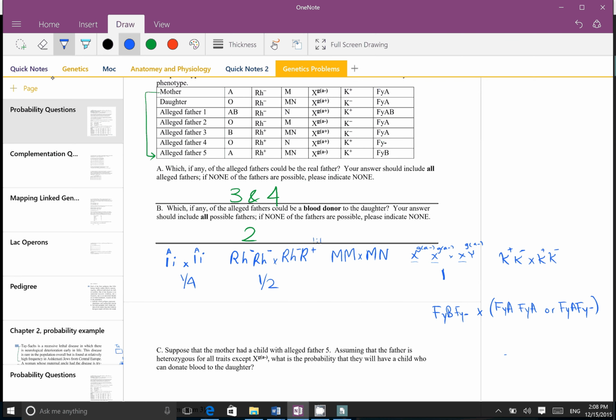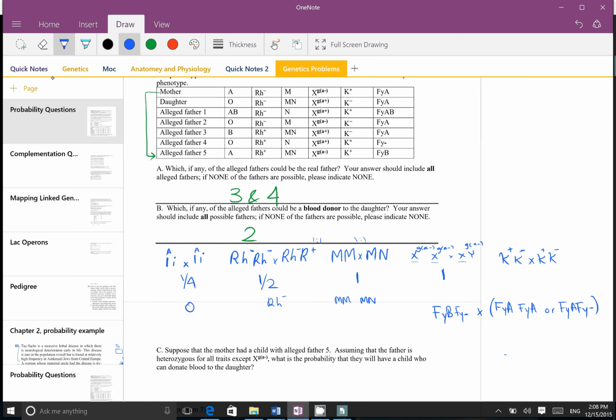For the child to have Rh negative, to have all blood type, and then we don't mind the child either having MM or MN here because we have het and homo, so it's 1, even though the ratio for this one is going to be 1:1. It's going to be either MM or MN, but it doesn't matter because the daughter has both those on the blood cells, so she'll be fine.